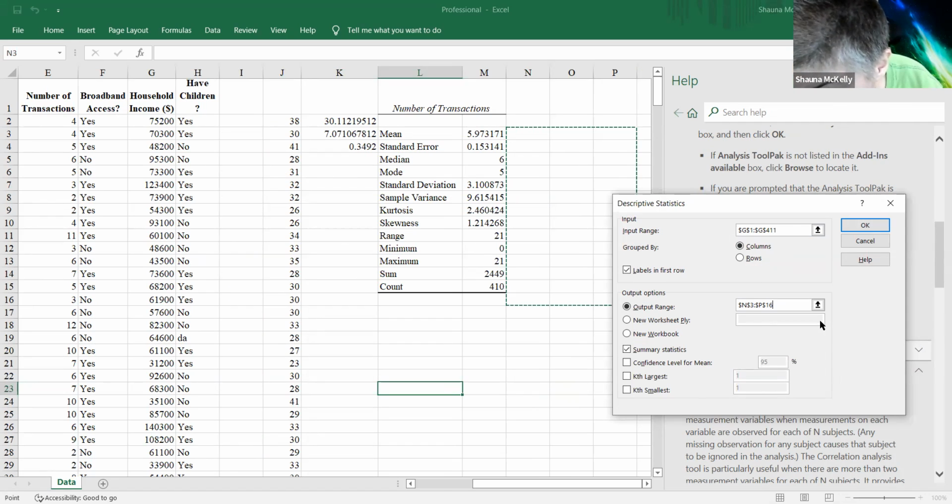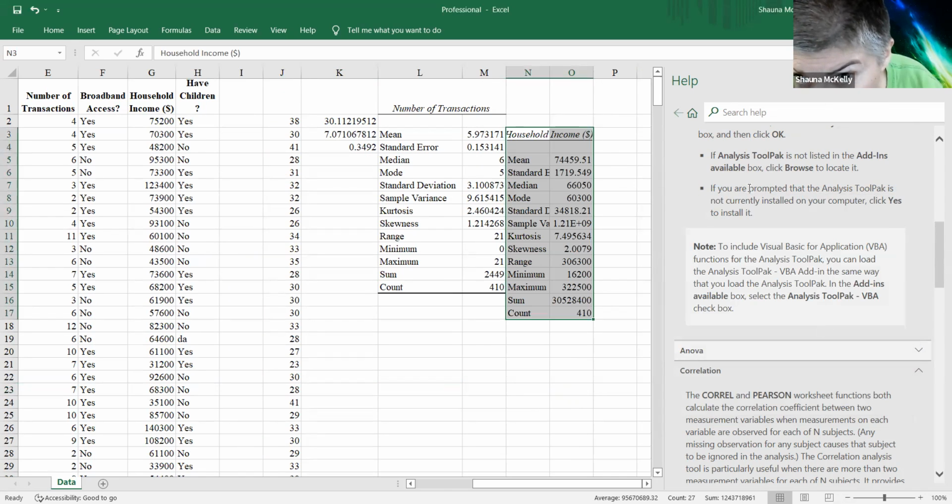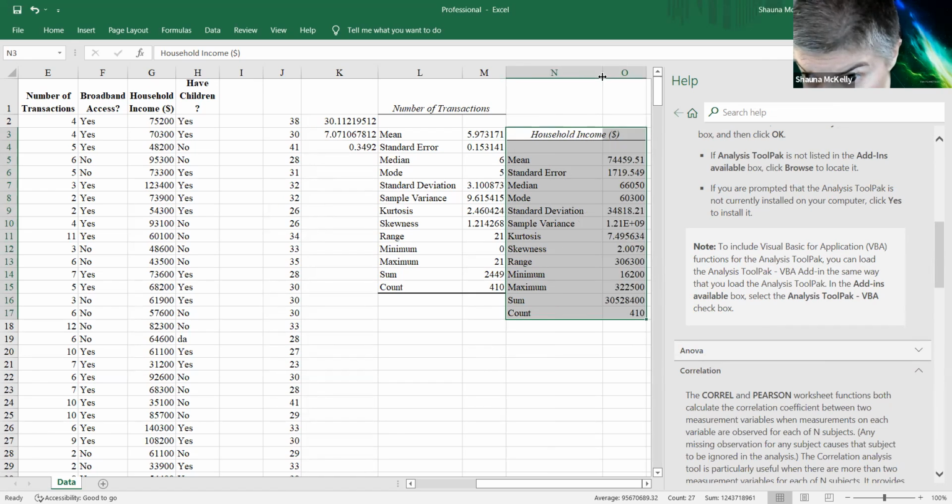And I'm going to go. And so my household income, there it is. The mean is 74459.51. Let me widen the column so that it comes out easier for you. Thank you, Sean. And then the standard error is 1719.549.